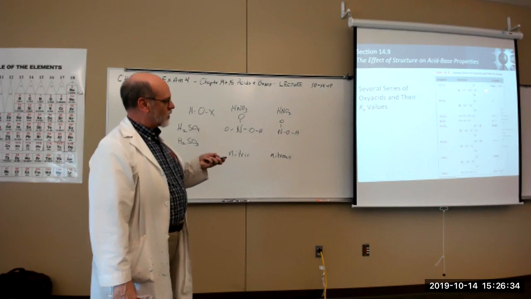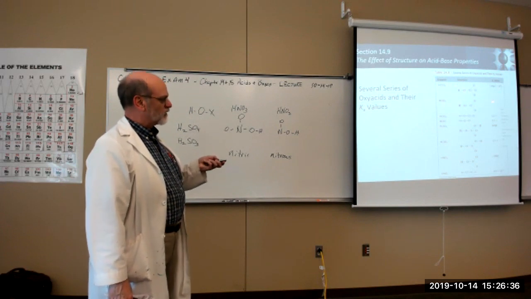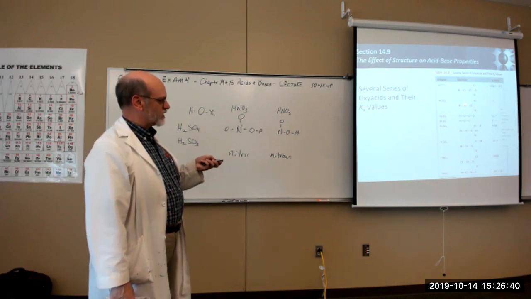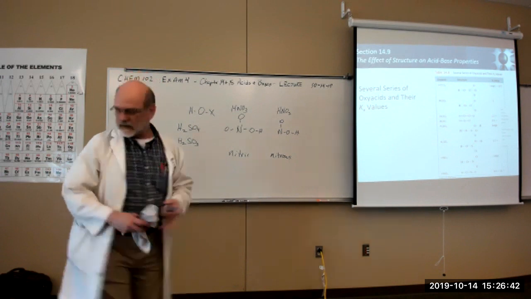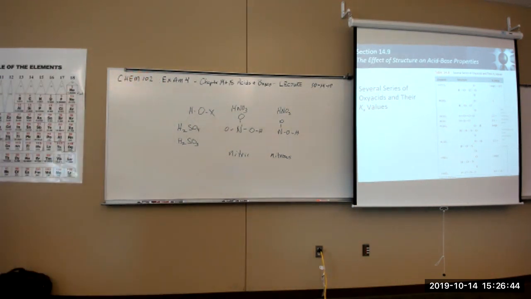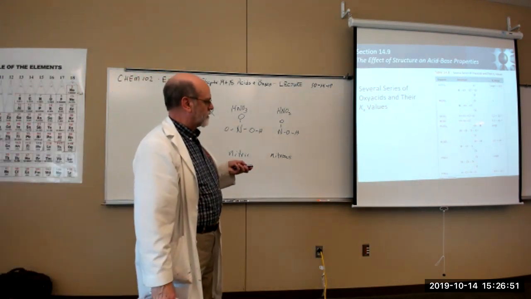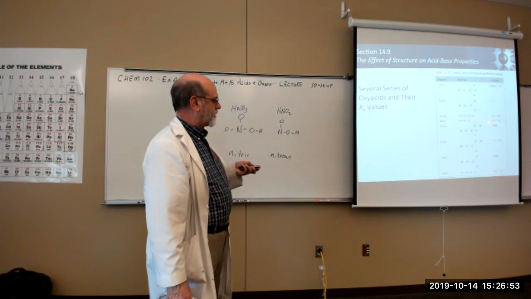So this one is the strongest. This one is reasonably strong, about 1 K value. This one is really weak. There. This one is really weak, and this one's even weaker. Okay.